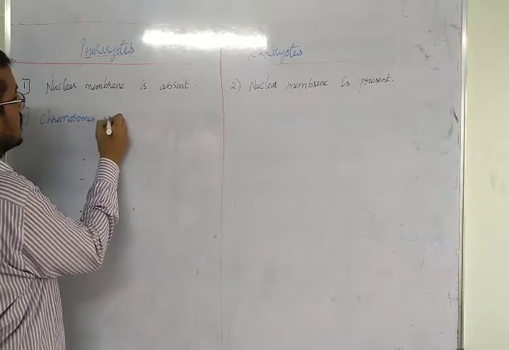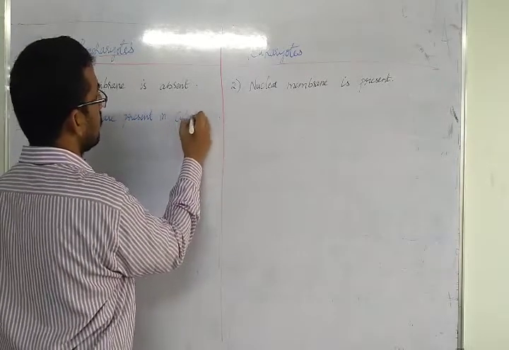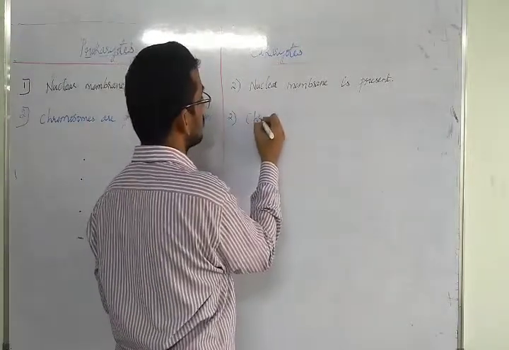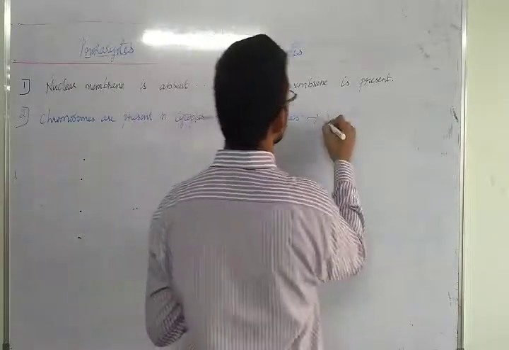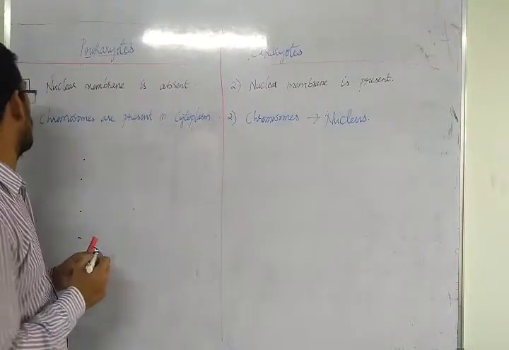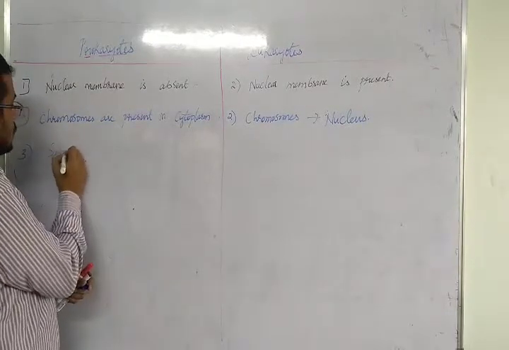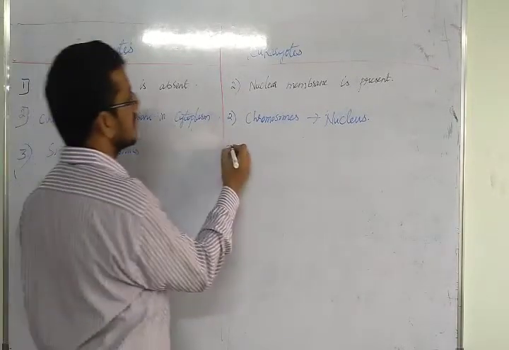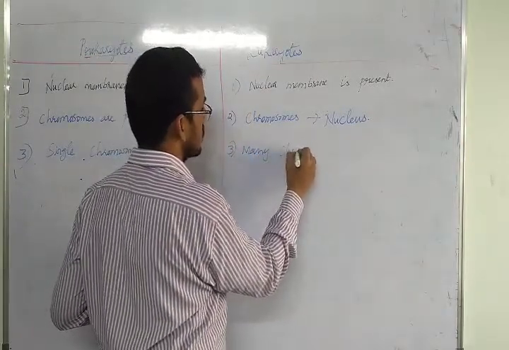Chromosomes are present in the cytoplasm. But in the case of eukaryotes, chromosomes are present in the nucleus. Here a single chromosome is present. Here many chromosomes are present.